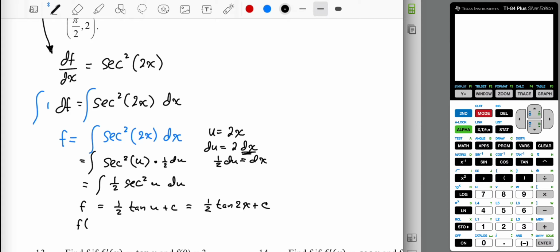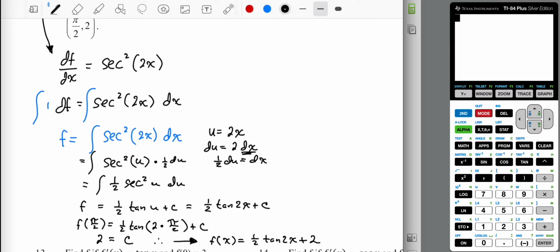Now we know that that should give us a result of 2. 2 times pi over 2 is pi, tangent of pi is 0, so that's telling us that c is equal to 2. All right, so therefore we could say that f of x is really 1/2 tangent 2x plus 2. And that would be our particular solution.